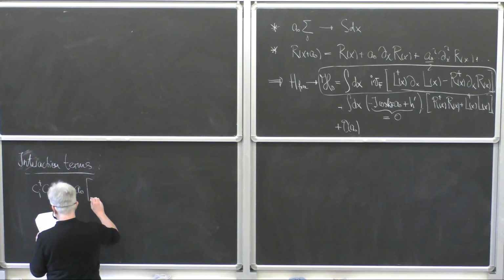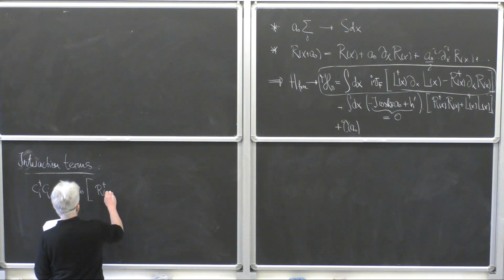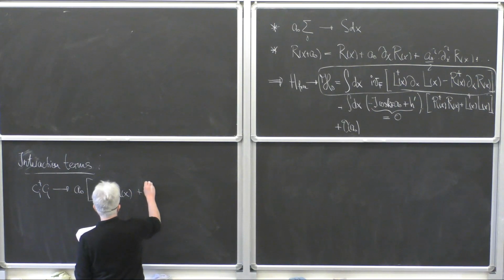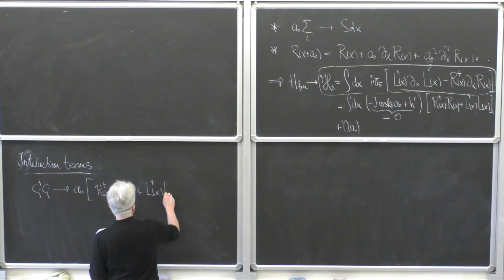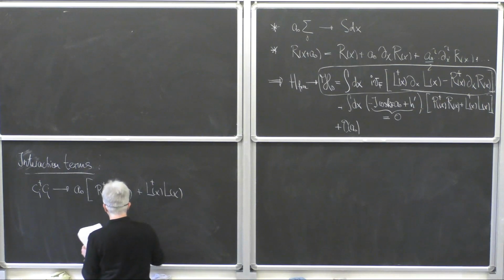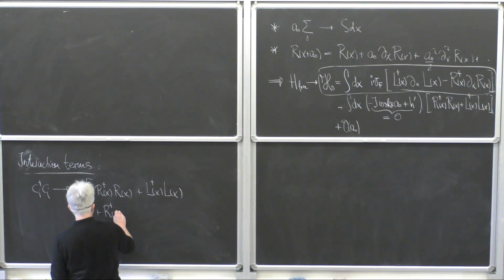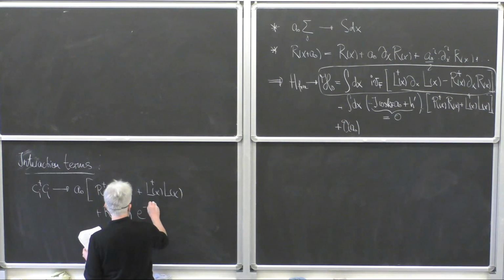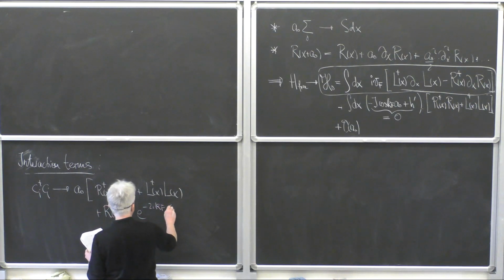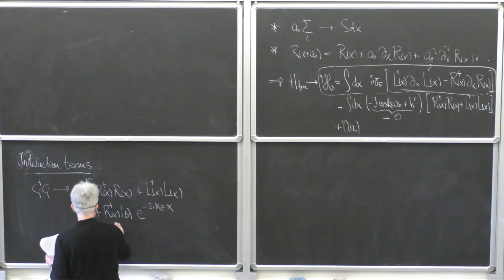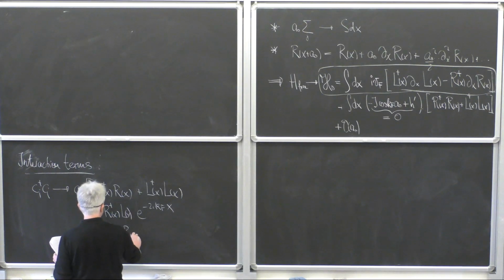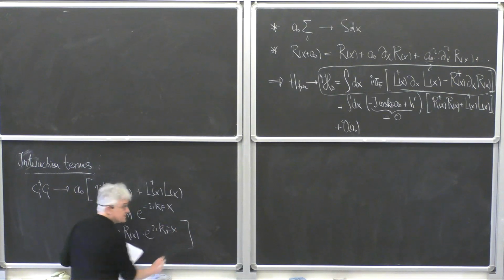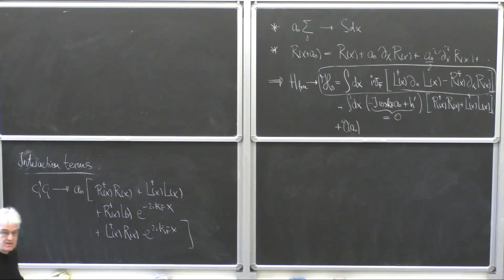Formally I get here right dagger x, right of x, plus left dagger x, left of x. And then we again have right dagger of x, left of x, e to the minus 2i kF x, plus left dagger of x, right of x, e to the 2i kF x, where I have just multiplied everything out. So I formally get this.